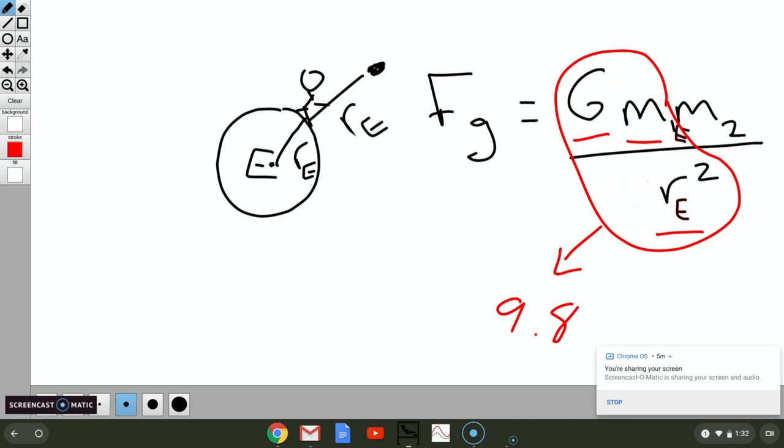And the units on that would be meters per second squared, or the exact same thing, newtons divided by kilograms.